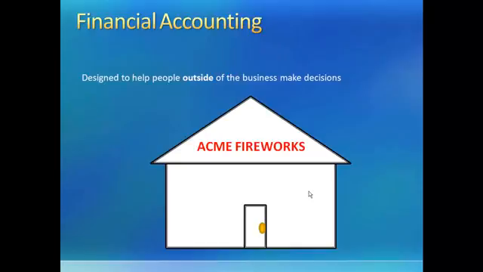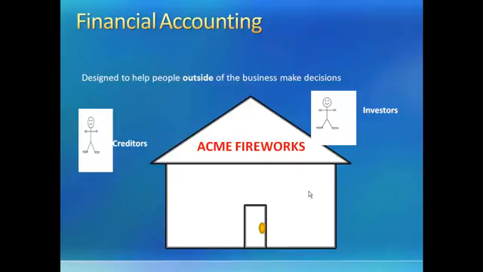The next type of accounting that we want to discuss is financial accounting. Financial accounting is designed to help people outside of the business make decisions. The 2 main user groups of financial accounting are investors and creditors. Creditors are individuals or businesses that may loan money to the company.